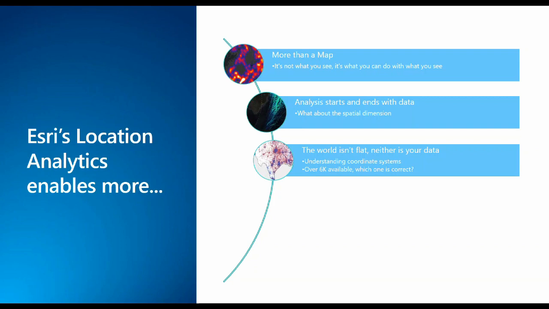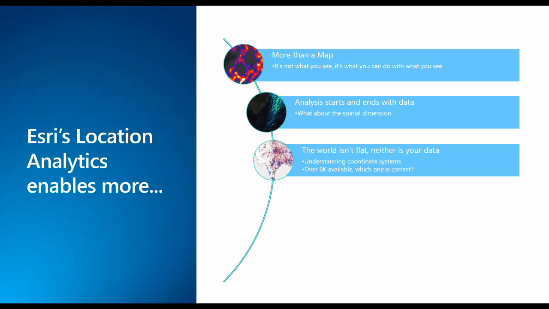Today, there's well over 6,000 coordinate systems available. And given that Esri is an international company, we have to recognize that there's a lot of countries out there that will refuse to leverage the map styles that have been made popular by Google and Microsoft, Bing and Google Maps, in that we have to support other types of coordinate systems, be it Equal Earth, be it British National Grid, UTM zones, whatever it may be.